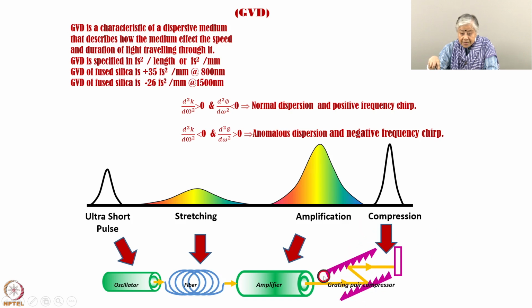It always comes in pairs. I will explain why. You just think of it as a set of gratings which compresses the pulse. So, why did they not use another fiber here? Maybe for that particular length you will just get positive, you are not getting a negative frequency chirp. You need something which gives a negative frequency chirp in order to compress back the pulse.